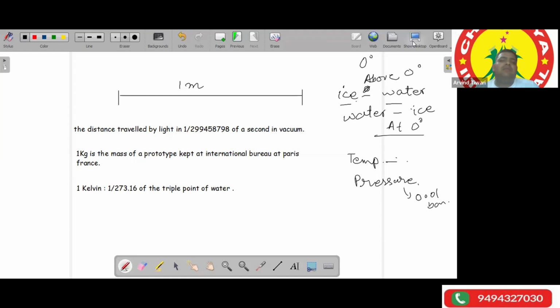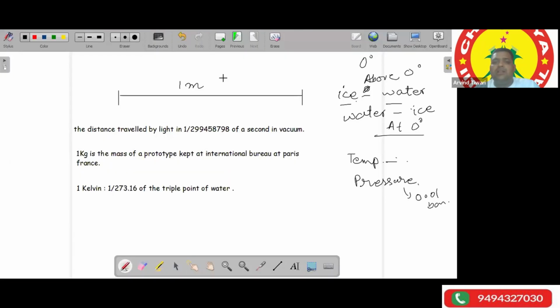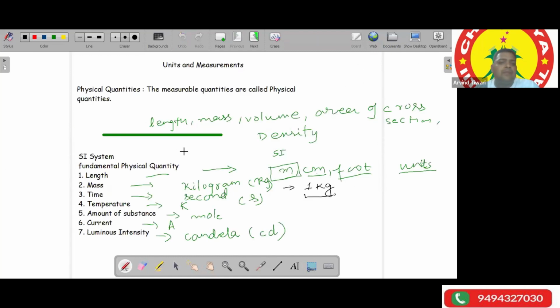In a similar way, we have defined all the other fundamental quantities, like we see here: length, mass, time, temperature. In the same way, amount of substance is mole, and it has also been defined. Current has also been defined as 1 ampere.